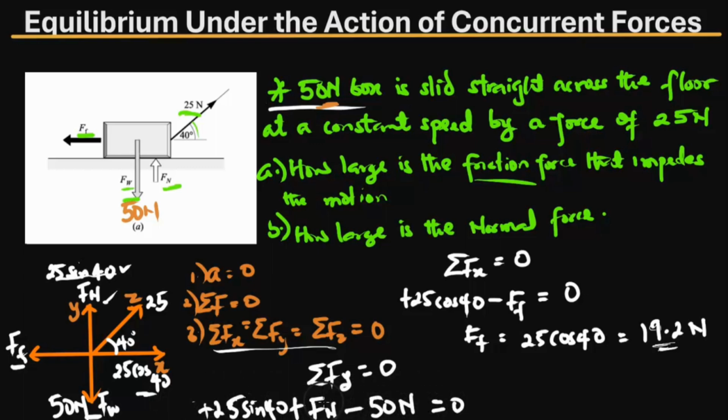These are all the forces in the y direction, and summing them up must equate to 0. So this brings us to conclude that the normal force is equal to 50, taking this to the other side, minus 25 sine 40.